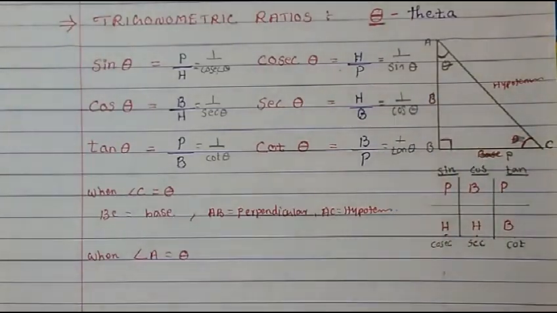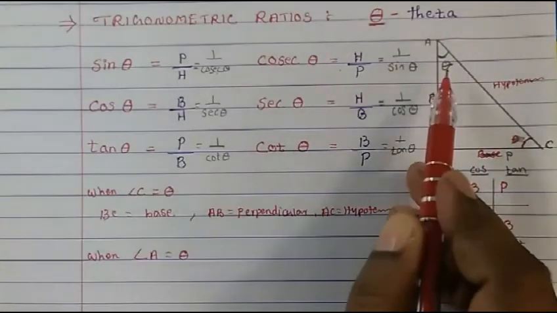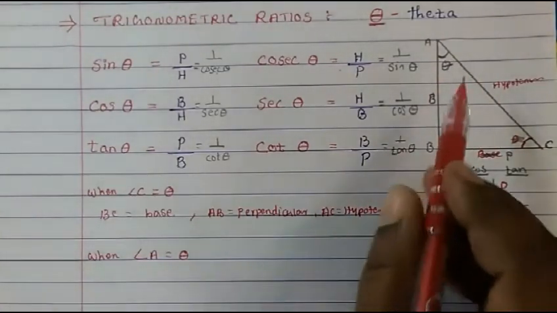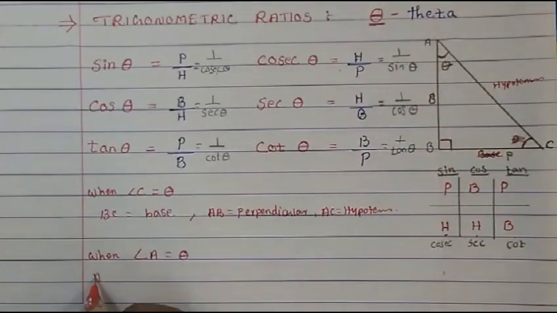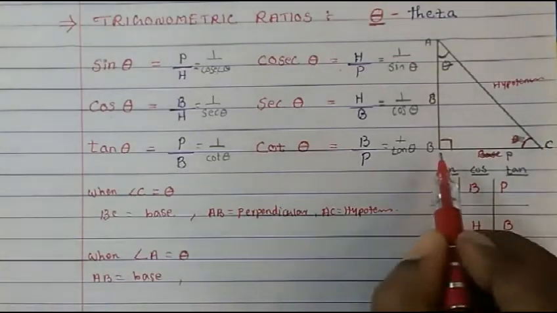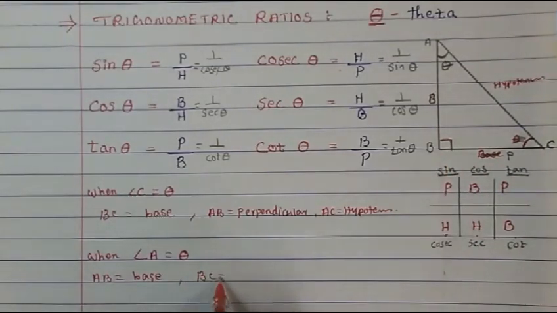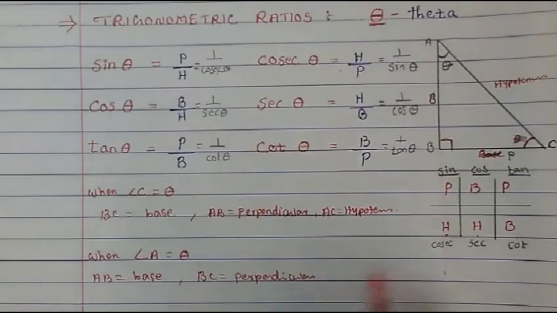Is it clear? So when angle A becomes theta, which one becomes base? AB becomes base, then BC becomes perpendicular, and AC is the hypotenuse.